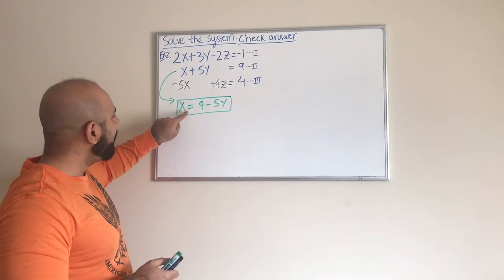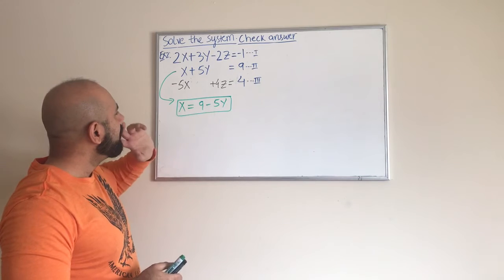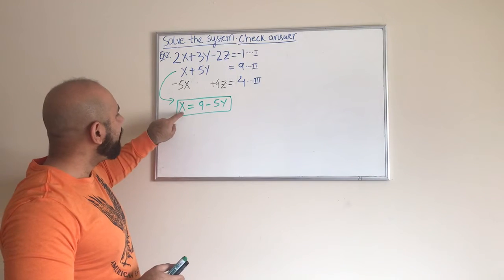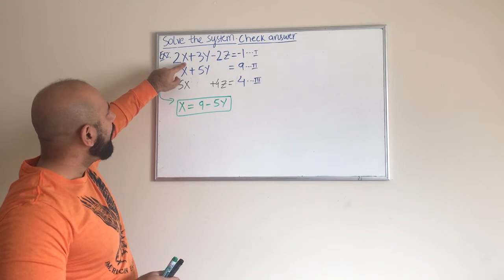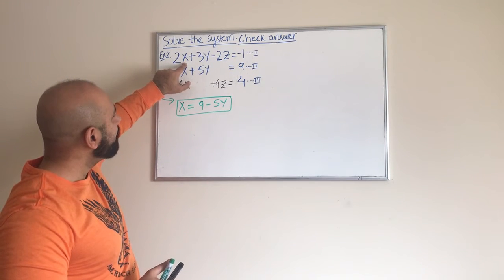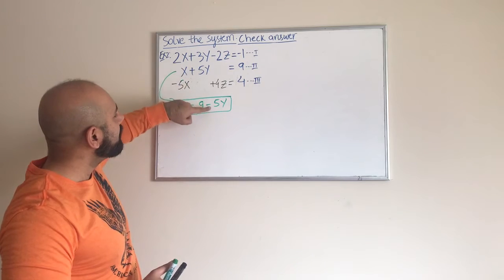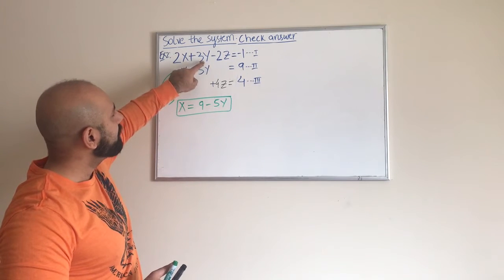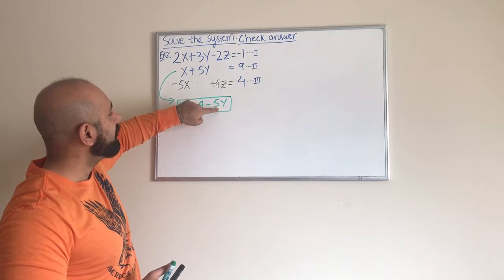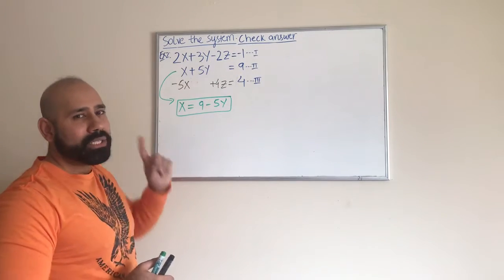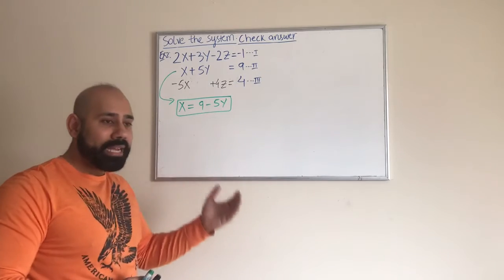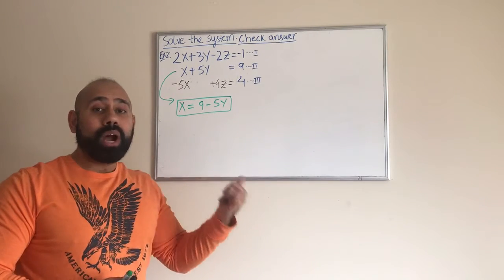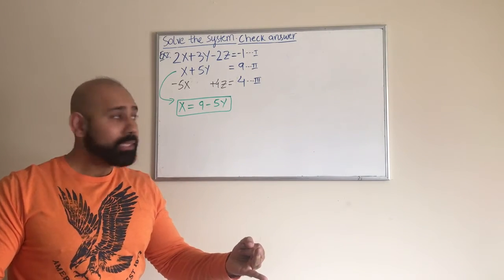Now once I have x equals 9 minus 5y, let me think about it. If I substitute that x in equation 1, what's going to happen? I'm going to get rid of the x, and I'm going to end up with an equation that only has y's, because there's already a 3y, and then I can combine the y's, and then z. So I will get an equation with a y term and a z term, correct?